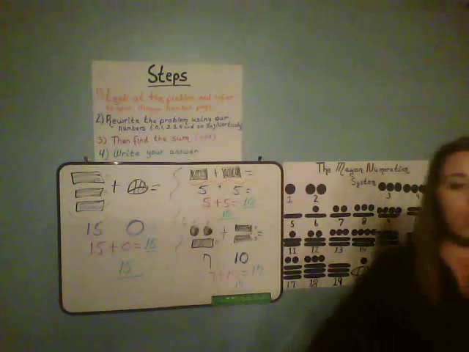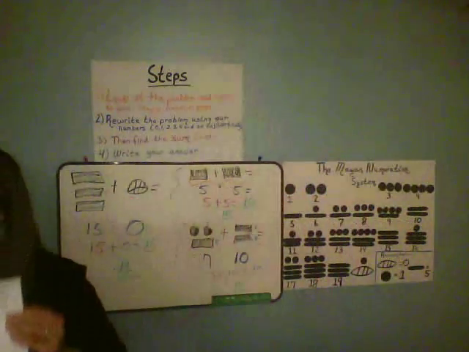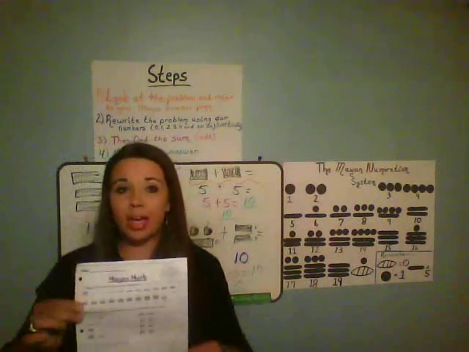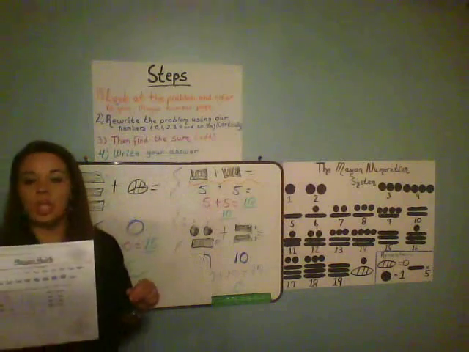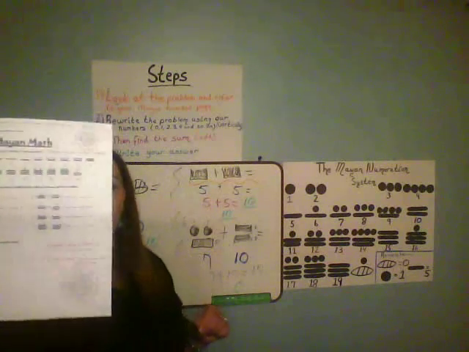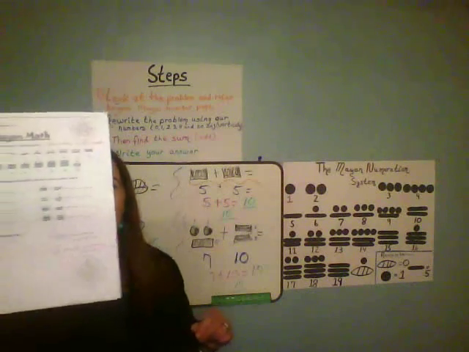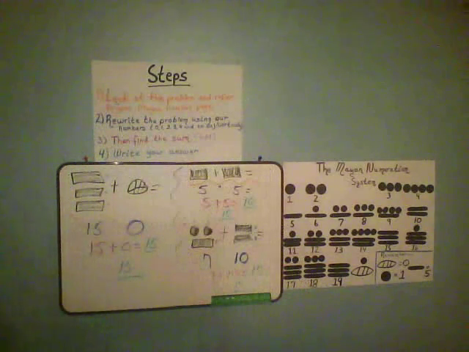Okay? So it's important you bring this back completed because tomorrow we're going to be learning how to do subtraction using the Mayan number system. Okay? So the only ones that you do on here, Candace, is what? Right, the addition. Only the addition problems. Okay?